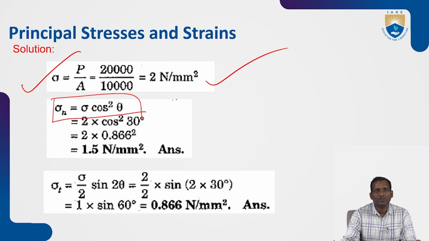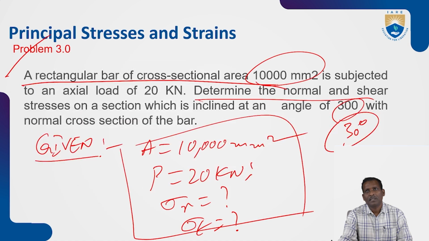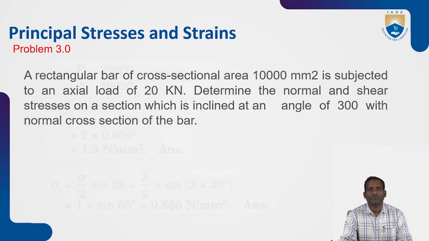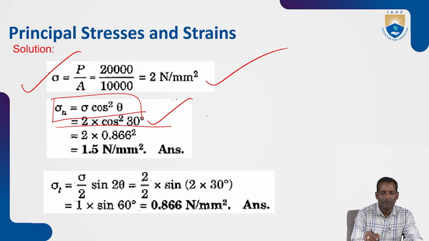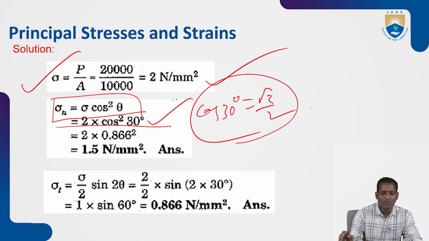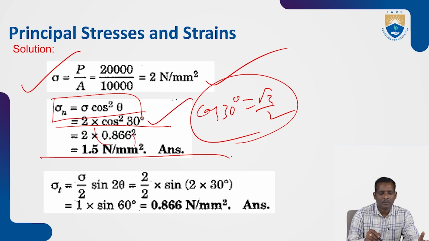So sigma value 2 and theta is 30 degrees, the given inclination with the normal cross section of the bar. Substitute cos 30 value root 3 by 2, that is 0.866 whole square. So the final value will be 1.5 Newton per mm square.